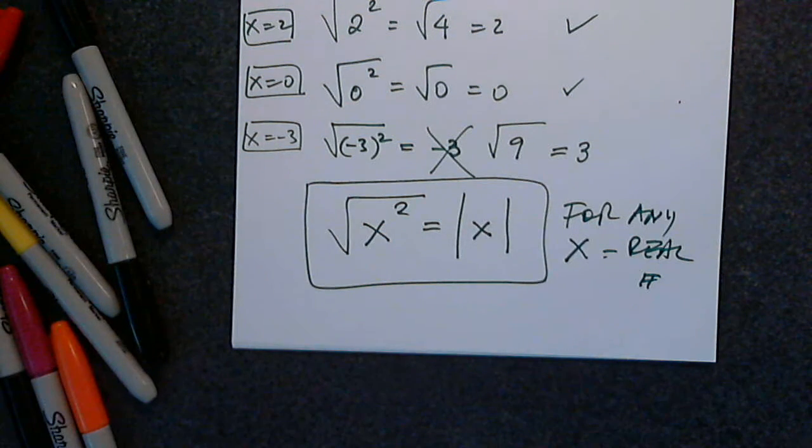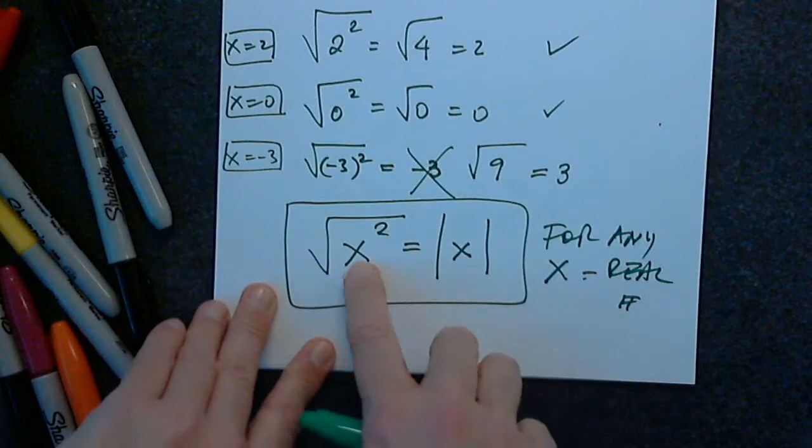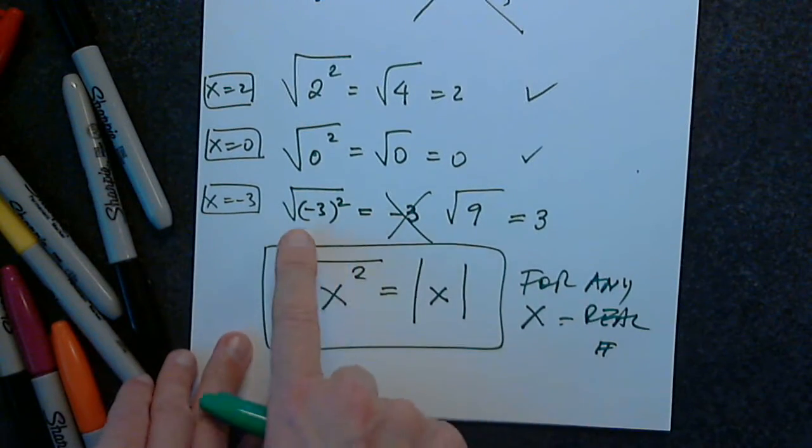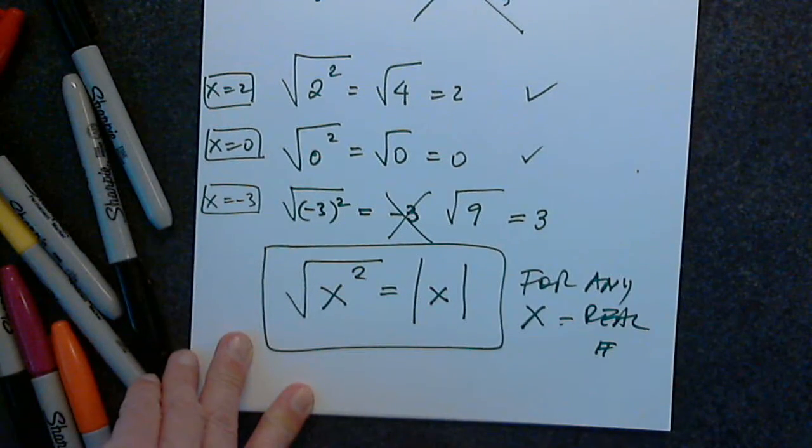So this is the correct formula if we do not have x. If you say to me, well, but x is only 0 or positive, then I don't need the absolute value. But if you say x can be any real number, then I need the absolute value on the other side. And now, when I replace x by negative 3 here and x by negative 3 here, it's okay. It works fine. I do get the correct answer.